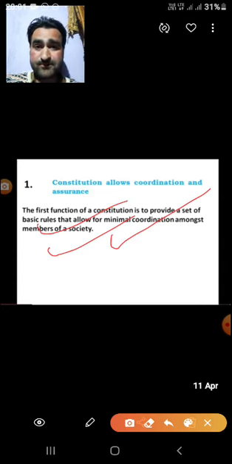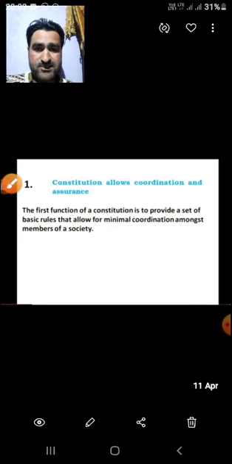It will also provide rights to the citizens. It will also highlight the jurisdiction of the legislature. So that is the most important thing, that the constitution allows coordination and assurance.